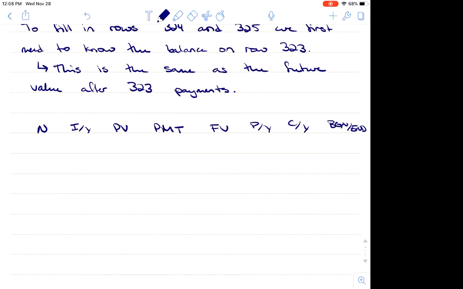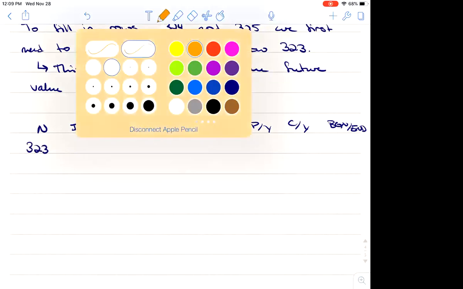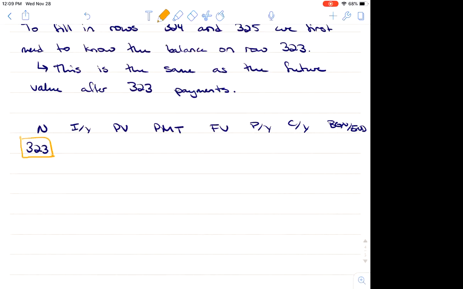Okay. So now our N has to be 323. And I'll just highlight that as a big change. We had 650 payments, but then we were trying to figure out, okay, in 25 years, what payments do we need to pay this off. Now we're trying to figure out what's the value of this loan after 323 payments.